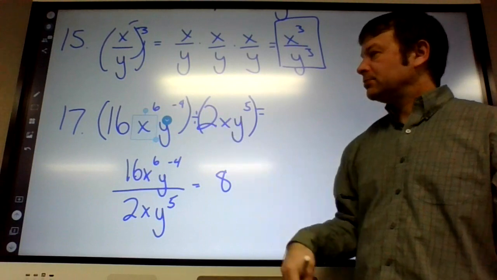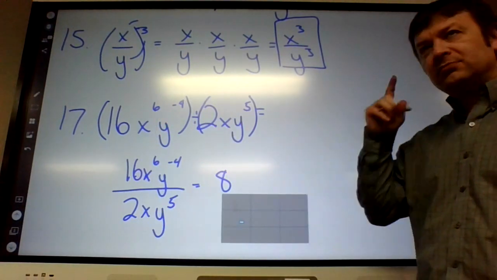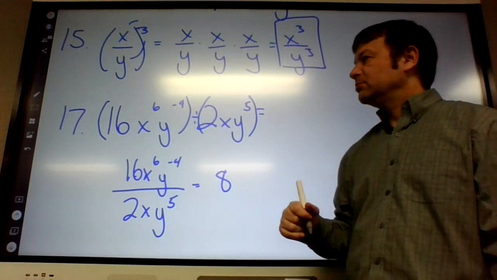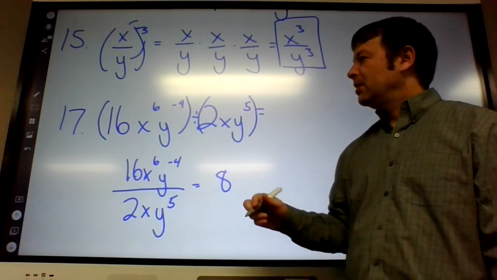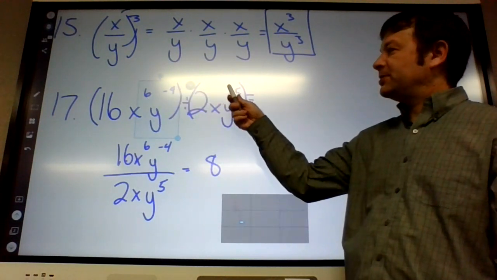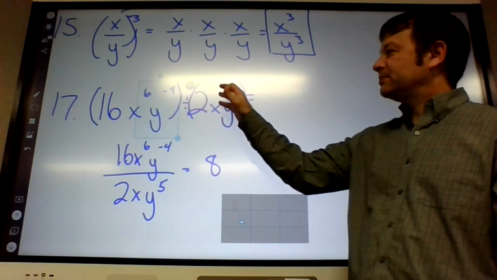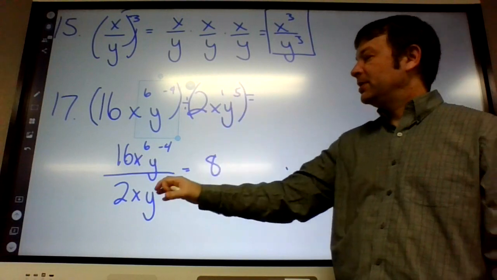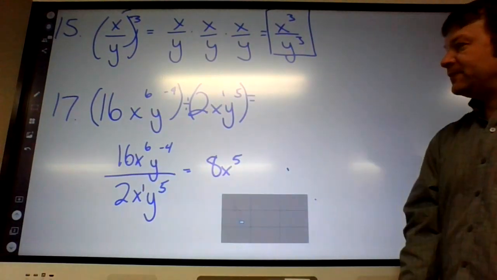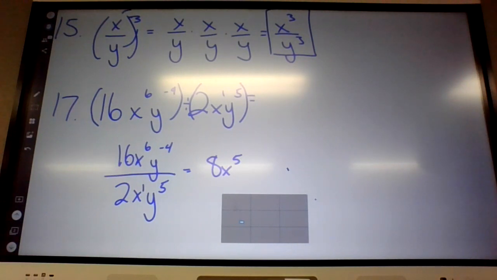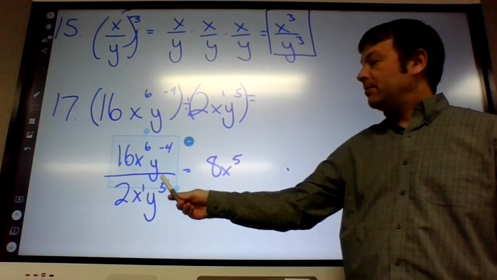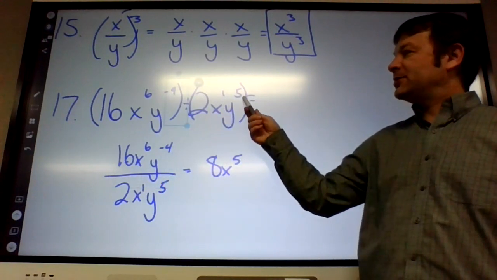You would subtract, I guess. Yeah, so it's 6 minus what? 1. Yeah, so 6 minus 1 is 5, so that's x to the 5th. And then for the y's, that's supposed to be a negative 4, so it's negative 4 minus 5, negative 9.